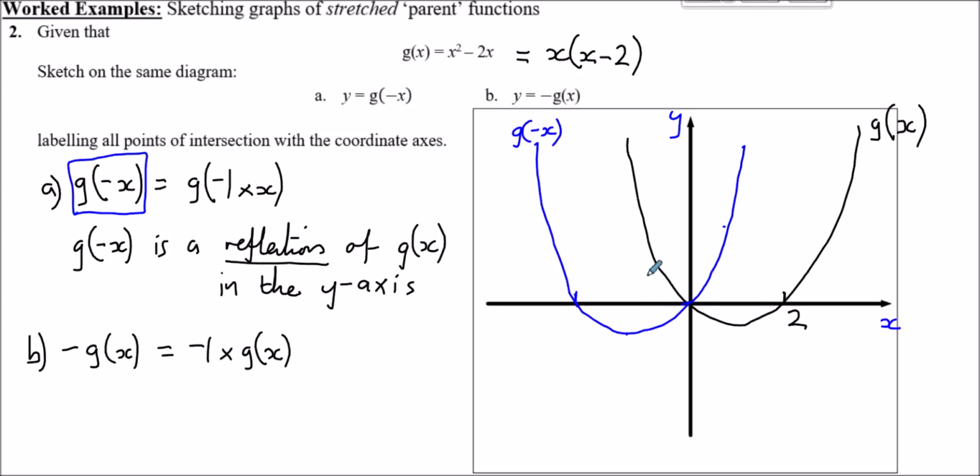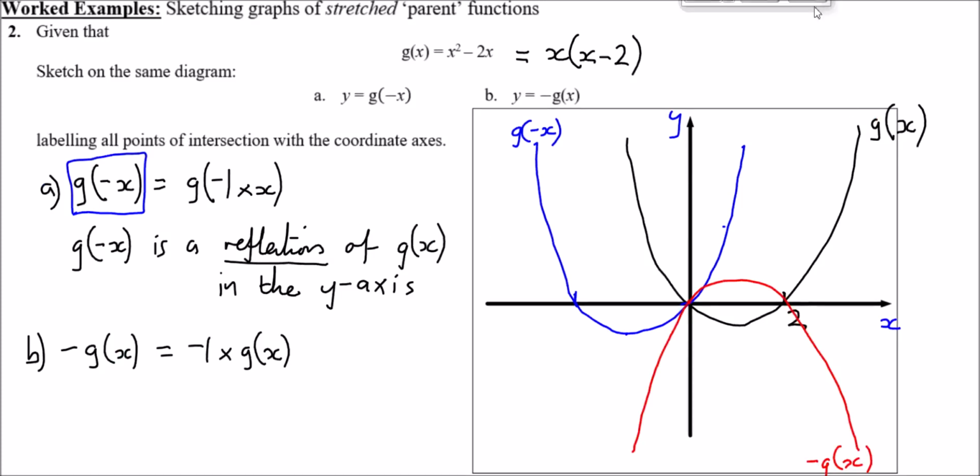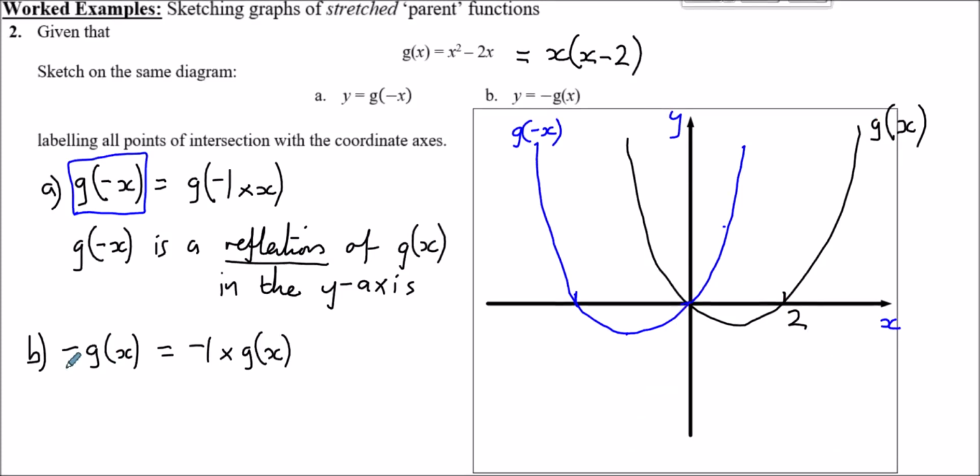So where y is positive, it becomes negative. Where y is negative, it becomes positive. So what that is saying is that minus g of x is a reflection of g of x in the x-axis. That too is a general result.